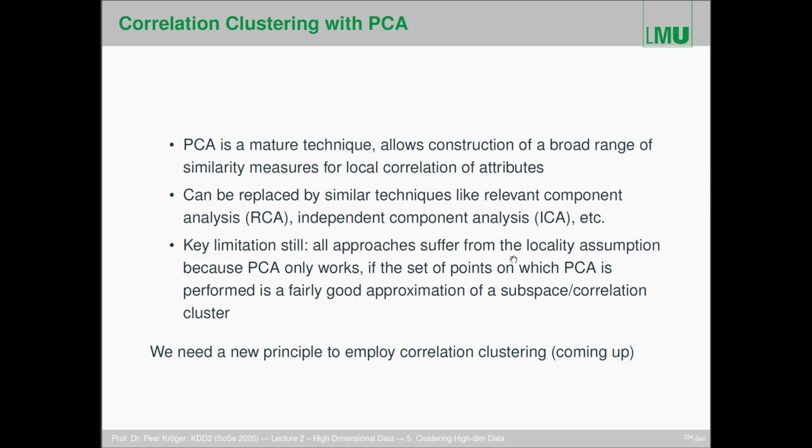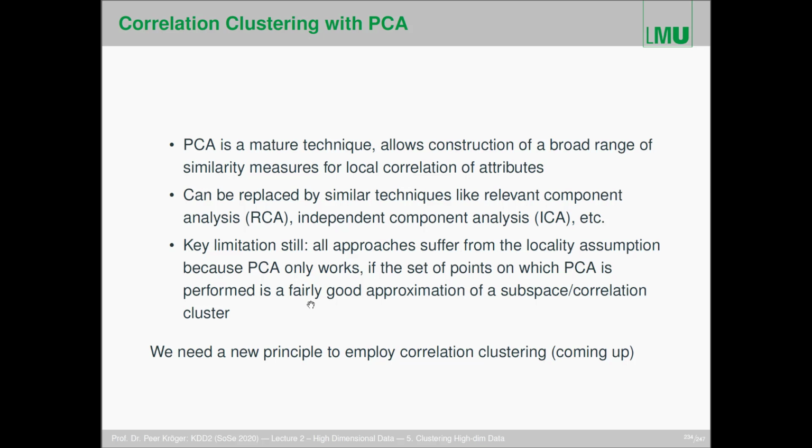All approaches have typically this locality assumption, because PCA only works if the set of points on which PCA is performed is a fairly good approximation of the cluster, meaning that they really exist in the arbitrarily oriented subspace we want to find for that cluster. So if we have a lot of noise points in the local neighborhood, which is very likely in high dimensional feature spaces, then PCA will be misguided.